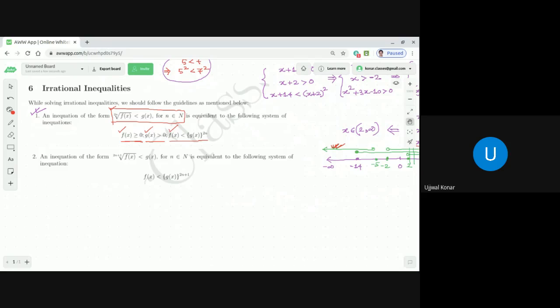Correct, dear students? You're getting my point. So whenever you get this kind of form, it is as if it is only a single inequation we are going to solve, that is f(x) less than g(x) to the power 2n plus 1. That is the second form.